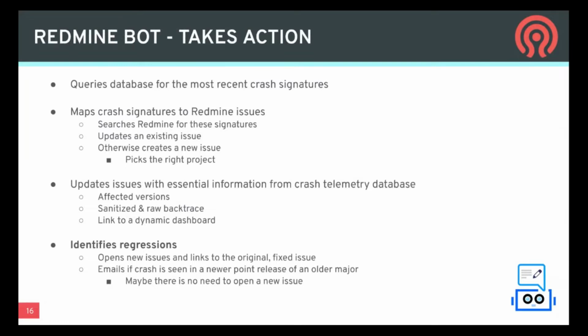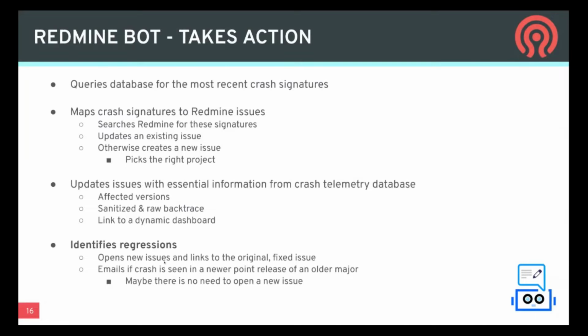Another important thing that the bot is doing is identifying regressions. So in case there was a crash report that it synced with Redmine, and we found that it was a real bug, and we fixed it. But then we receive new crash reports with a newer version than the one that has already been fixed.